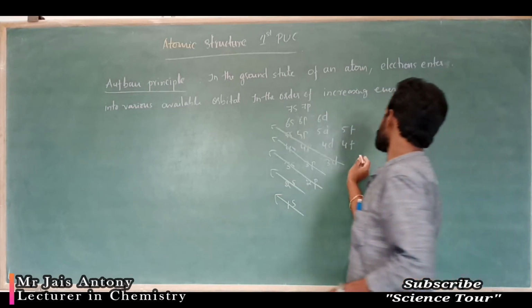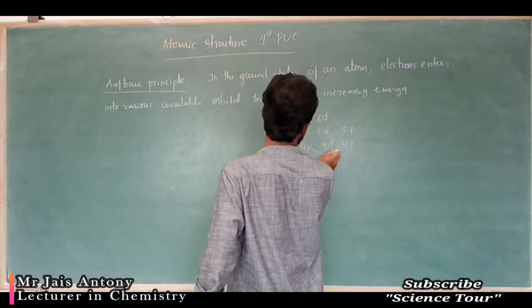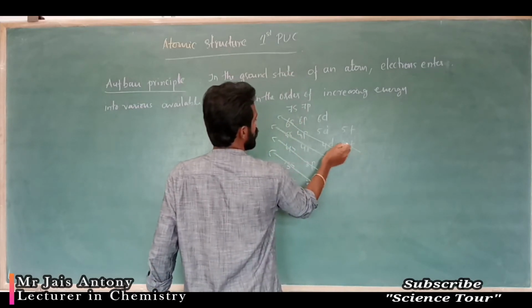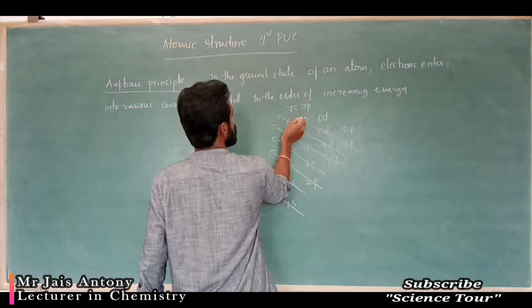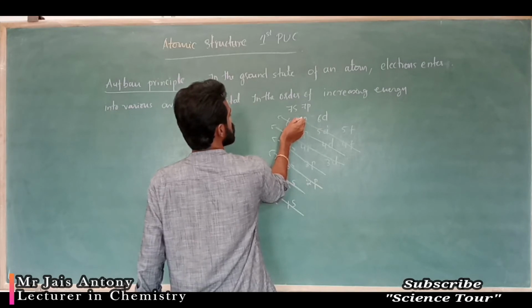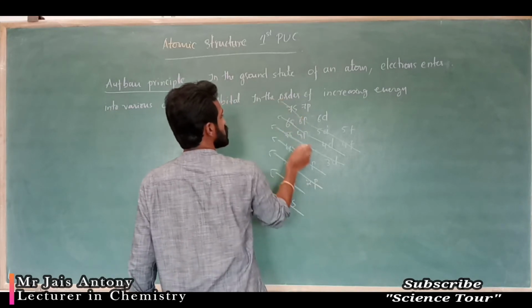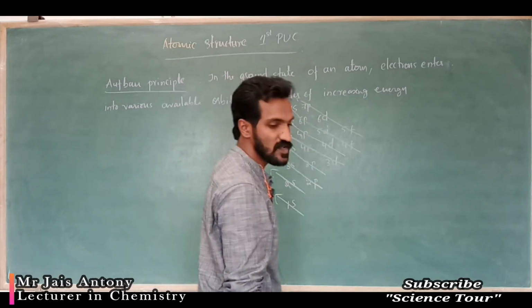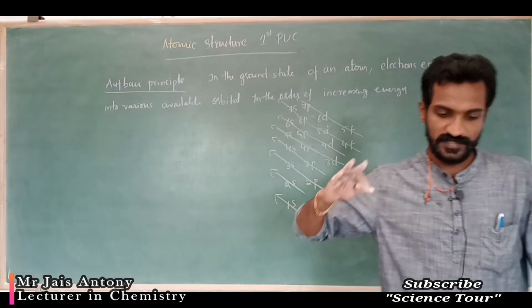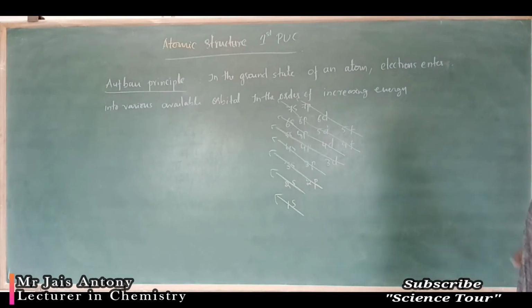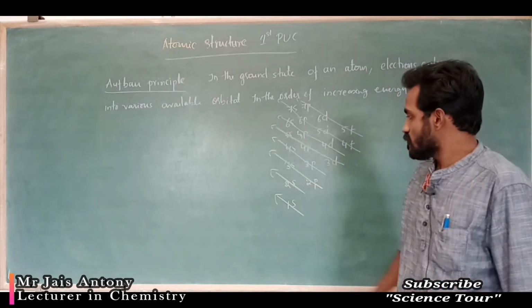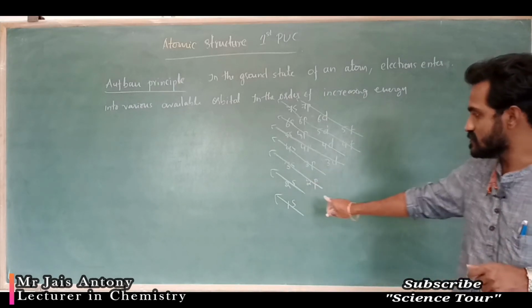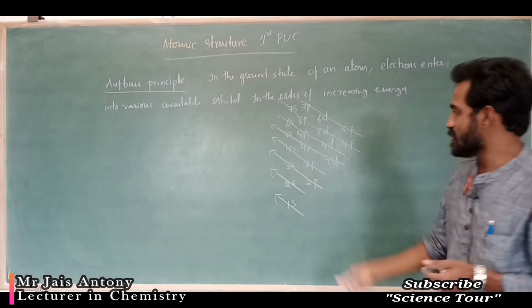Then 4d, 5p, 6s, then 4f, 5d, 6p, 7s, 5f, 6d, 7p. The lowest energy orbital fills first, next the higher ones. If you write it like this, you can easily find it.